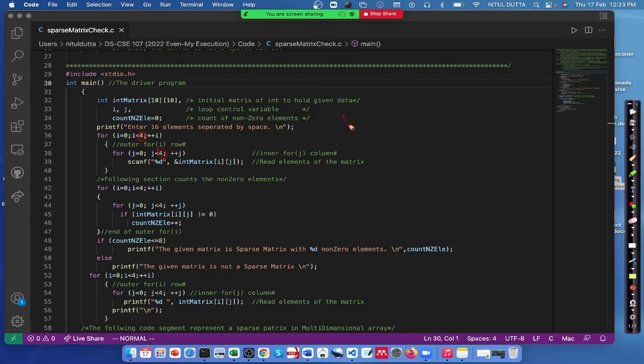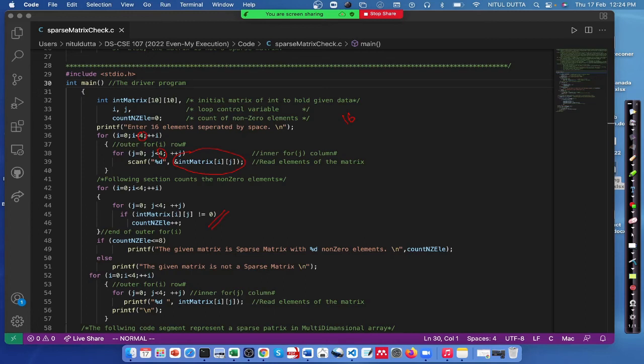If it is 4 by 4, altogether it becomes 16 elements. Once the matrix is formed, the following section counts the non-zero elements. This portion is the count of non-zero elements in the given matrix.